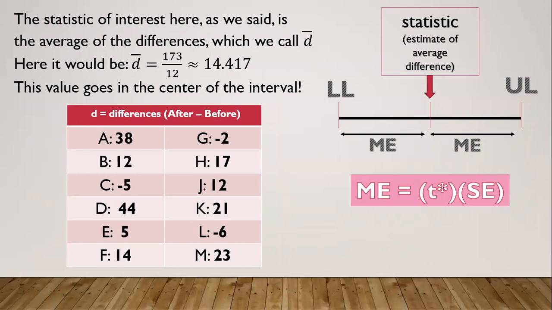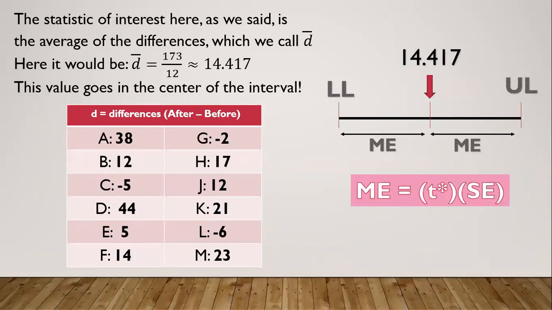If we add up 38 and 12 and -5 and 44 and so on, if we add up the differences, we get 173. Divided by 12, that gives us an average difference of about 14.417. That is our statistic. That is the value that will go in the center of our interval. We will build the confidence around the average of the differences, 14.417.